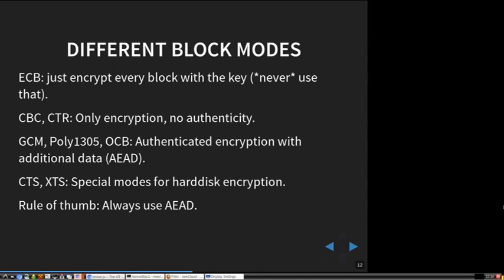And then there are modes like GCM or Poly1305 or OCB. These are so-called authenticated encryption, or more precisely authenticated encryption with additional data. These modes also guarantee that unless you have the secret key, you cannot change the content. So if you change something, then the recipient of the message will notice it. The algorithm will just say, okay, an error happened. This ciphertext is not correct.